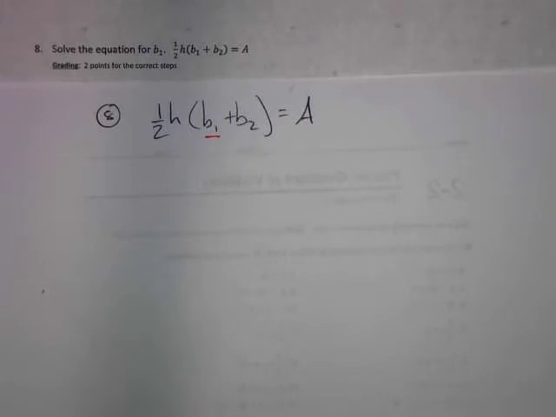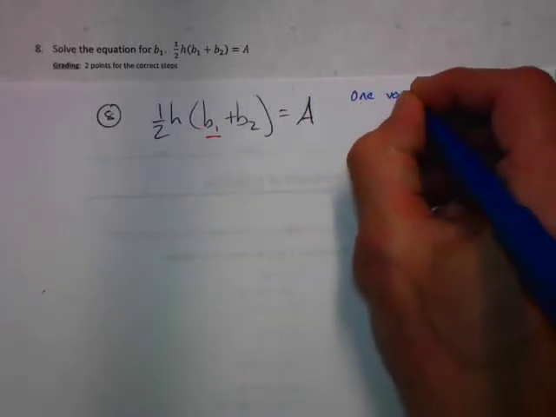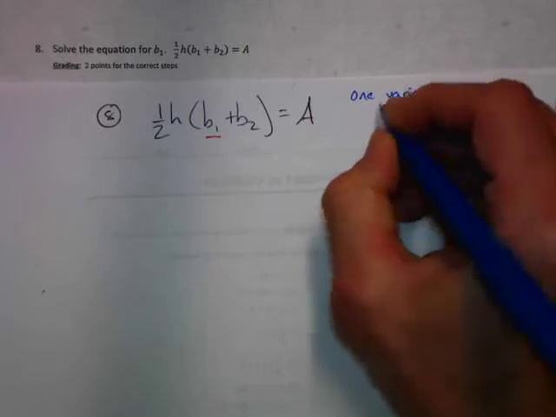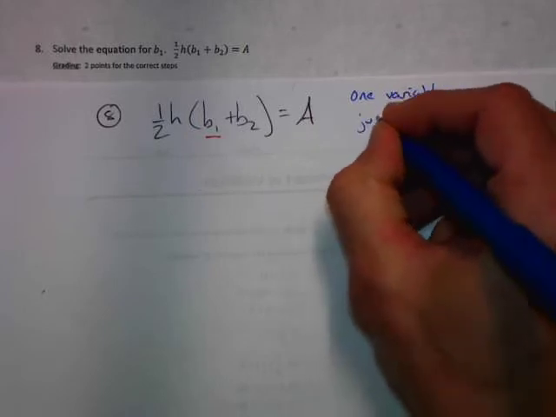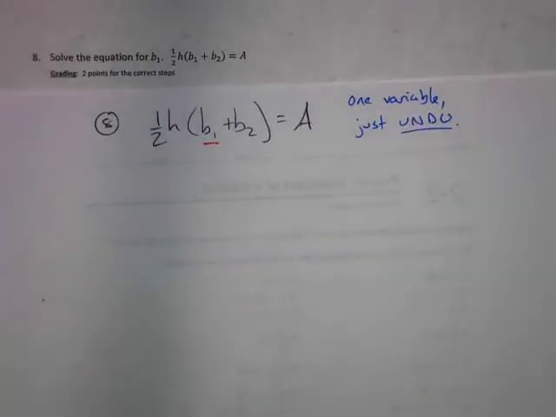So when you're looking at literal equations, what you have to wonder is how many of my variables are there? And the variable I'm looking for, there's only one variable. So in the case where there's only one variable in question, all we have to do is undo everything. So we're just going to undo everything that's happening to it.